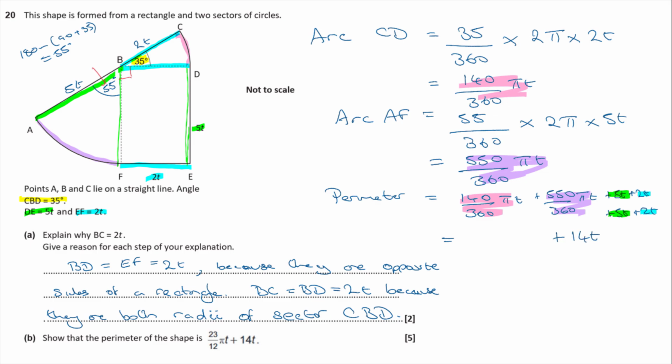That's the easy bit. And then adding those two fractions together, notice they've got the same bit at the end, pi t. So I've got 550 over 360 and 140 over 360. If I add the numerators together there, that's going to give me 690 over 360. So I'm going to get 690 over 360 lots of pi t plus the 14t. Now we're almost there. That 690 over 360 can simplify.